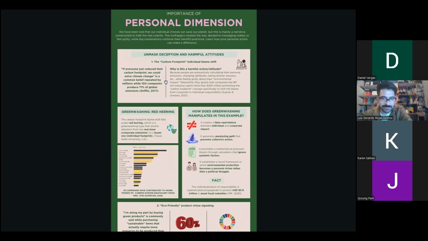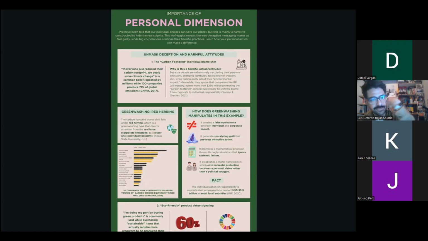It says the carbon footprint individual blame shift. Just by looking at the title, I know this is a right one, because we sadly have been taught, as I was saying at the beginning, that all we are is just a carbon footprint. And it's more than that. You say if everyone just reduced their carbon footprint, we could solve climate change.